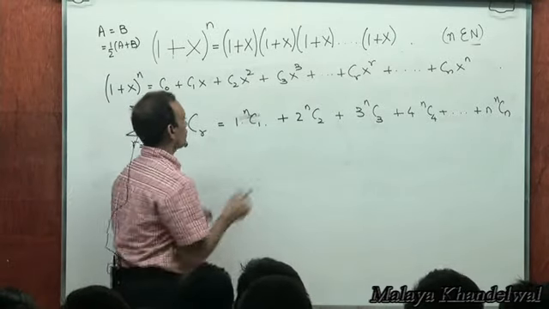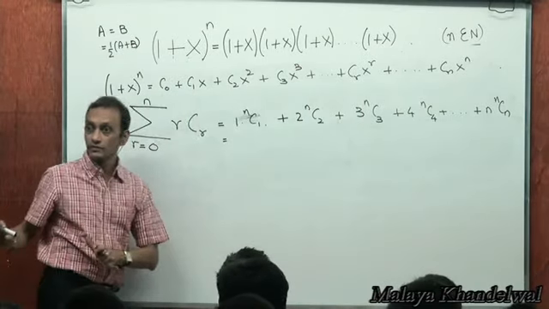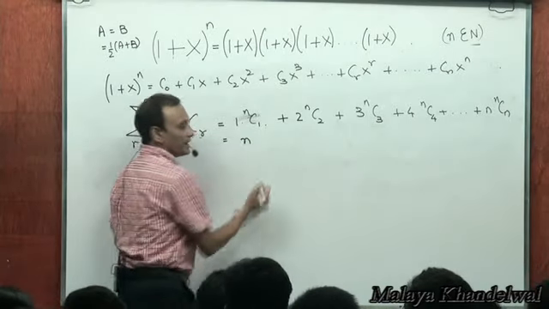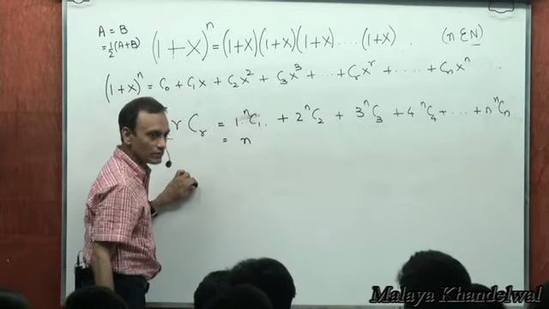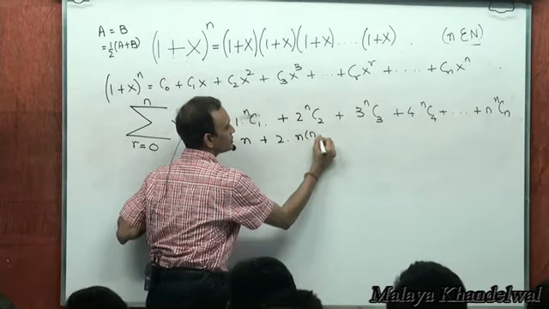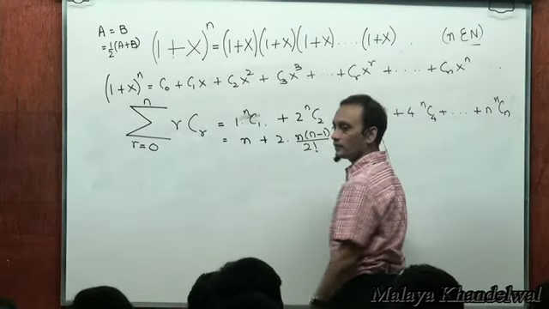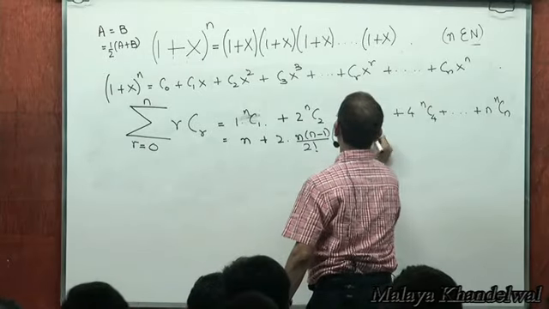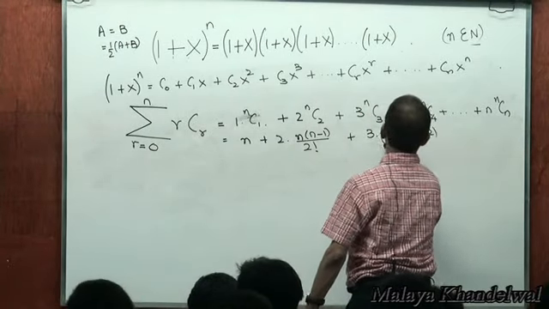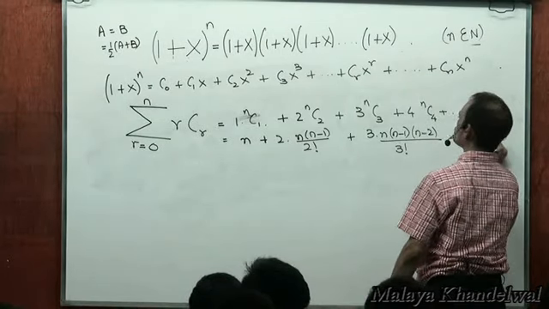Now, in raw format, and be in sync with me. This is n, 1 into nC1, 2 nC2 is actually n into n minus 1 by 2 factorial, right? Plus 3 n into n minus 1 into n minus 2 by 3 factorial, and so on and so forth.